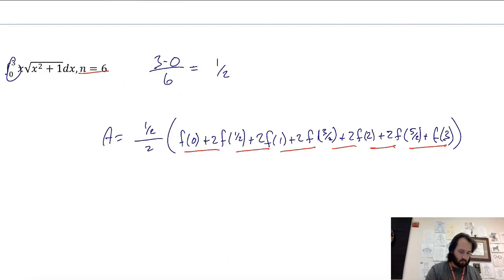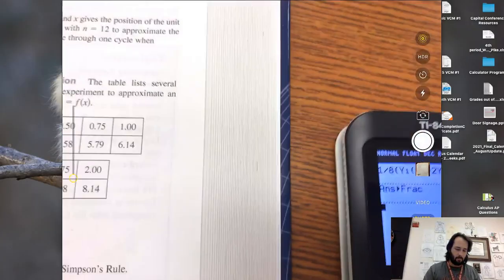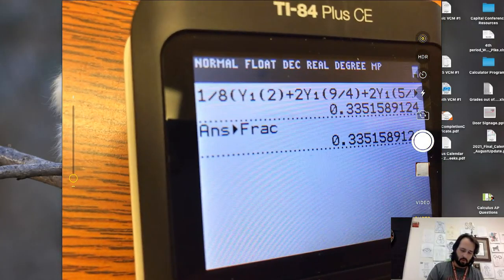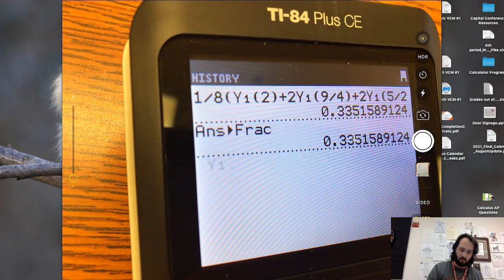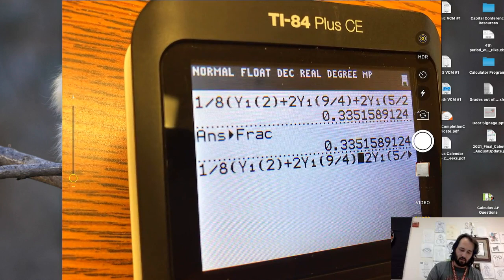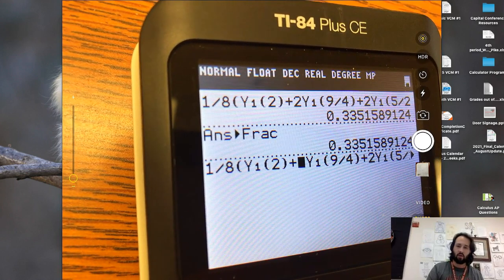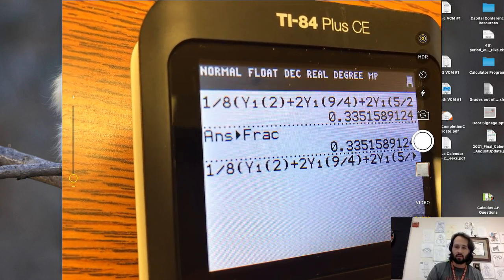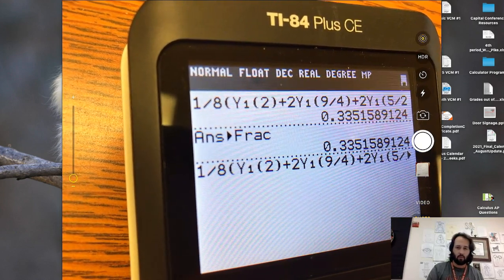So let me show you what my home screen looked like. On this one up here, I had it stored into y1 so that when I did all of those calculations, it would do the y value for me. I didn't have to do any calculations beyond just typing in y1 of whatever.